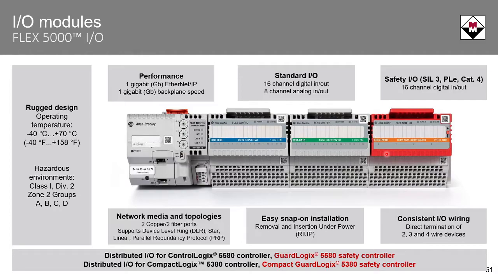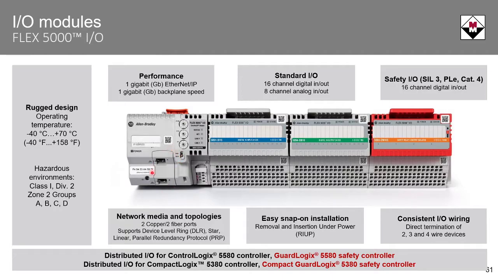It's a rugged design and supports a -40 to 158 degree Fahrenheit temperature range. The Ethernet adapter shown here comes in 4 catalog numbers. They support 1 gigabit embedded switch technology for device level ring, linear topologies, and star topologies. And it also supports the parallel redundancy protocol, which I explained with the EN2TP.